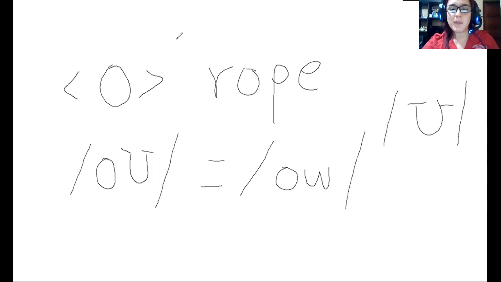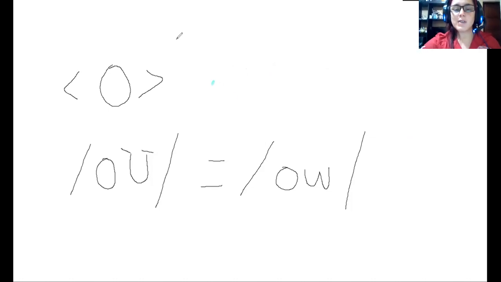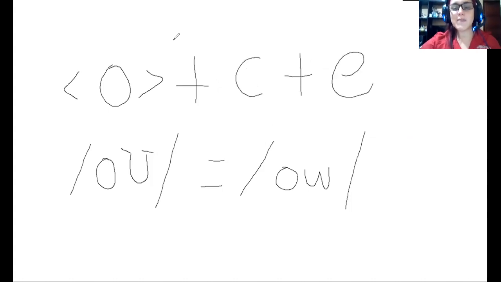So it doesn't apply in those cases. What I want to illustrate again is the formula you need to know: the letter O, then a consonant, and then a final E that is mute.